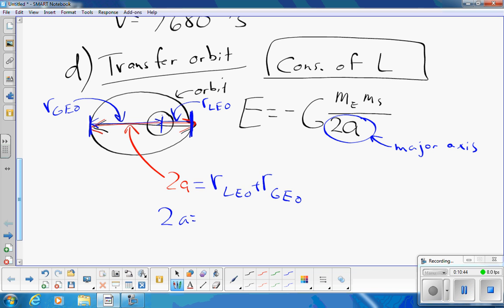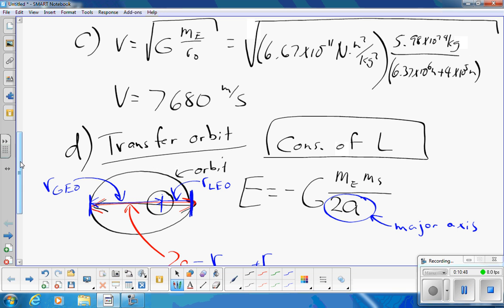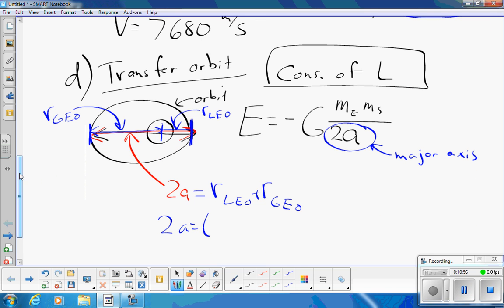So 2A is equal to, the R_LEO is back up here. It is the radius of Earth plus the height of the satellite above the Earth's surface. And if you actually do that math, you get 6.77 times 10 to the 6 meters.